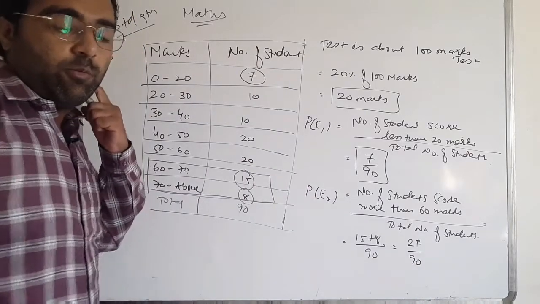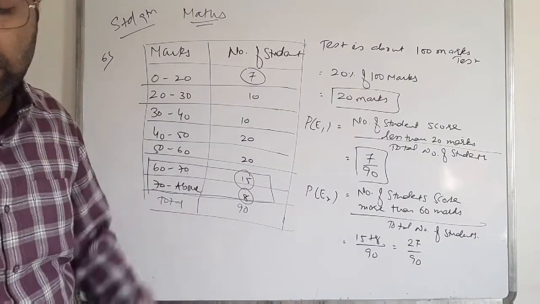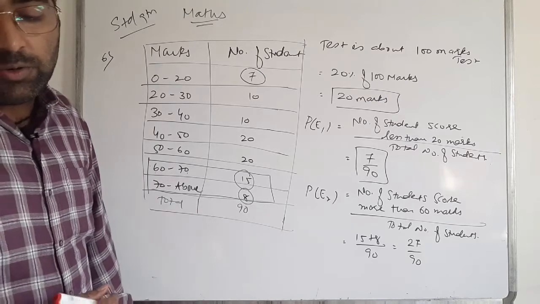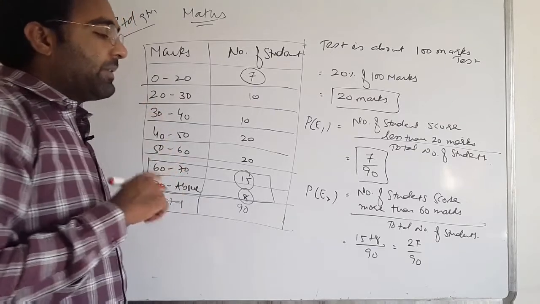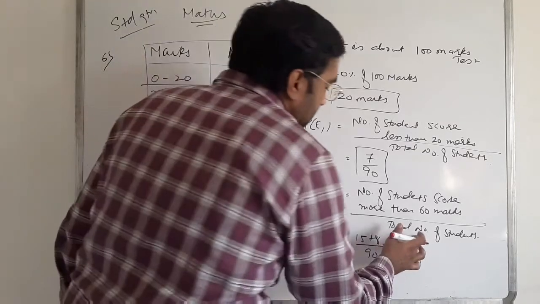Okay, so you have to move for the cancellation. After the cancellation you get, 15 plus 8 is 23, not 27.